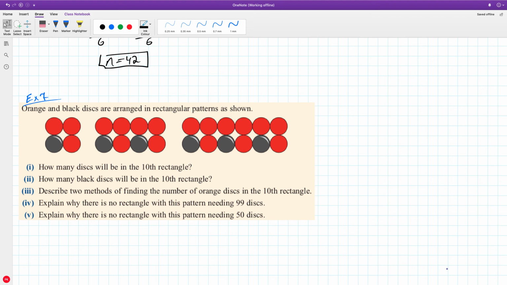Have a go at the first 2. Maybe like 16.